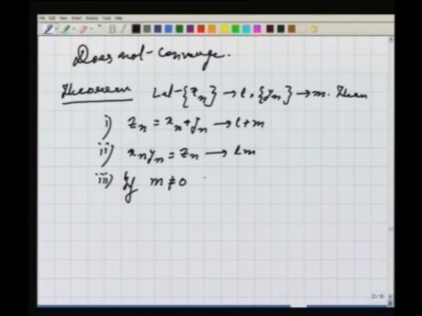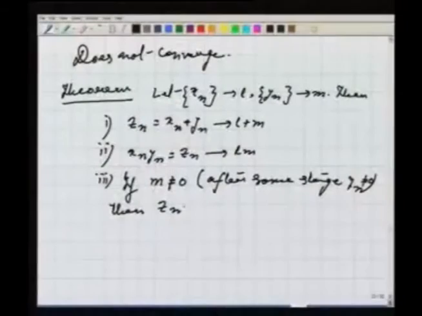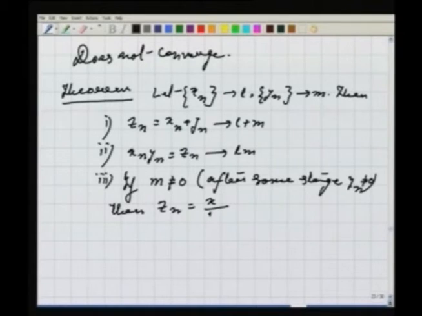which means after some stage y n is not equal to 0, then the sequence z n equal to x n by y n converges to L by M. Well, the only little problem here is that I said after some stage y n is not equal to 0, but at the stages before that y n might be equal to 0.